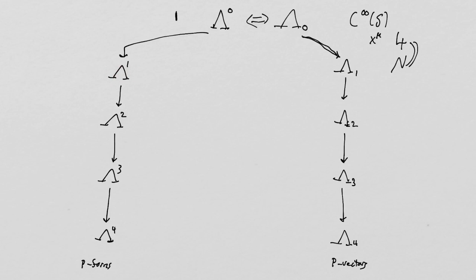The dimensionality of this is 4. The dimensionality of that is 4. The dimensionality of this is, let's see, 4. Dimensionality of this is 6. The dimensionality of this is 4. And the dimensionality of this is 1. And the same is true across both sides, right? So these all have the same dimensionality.